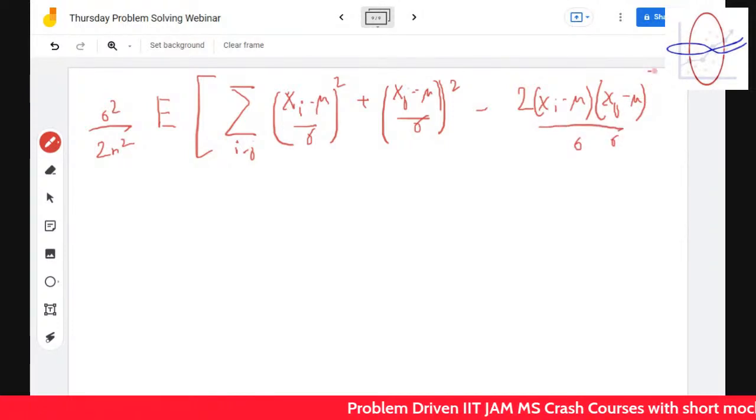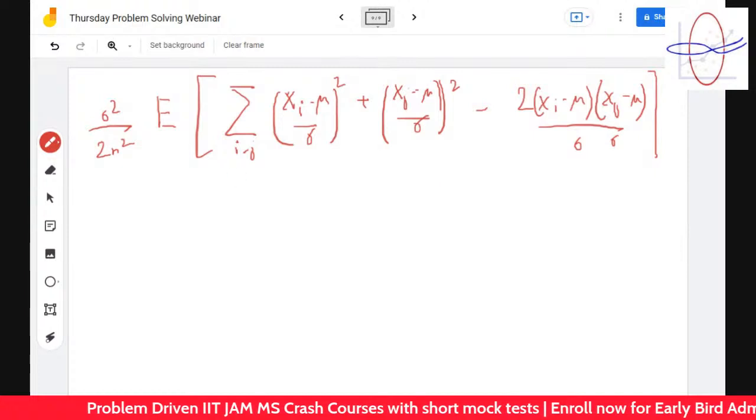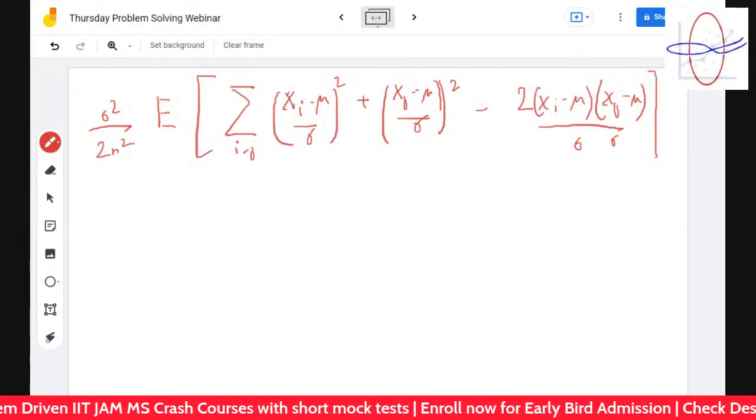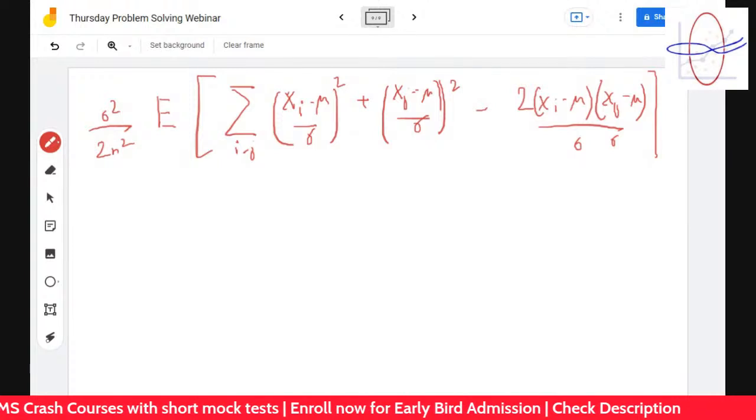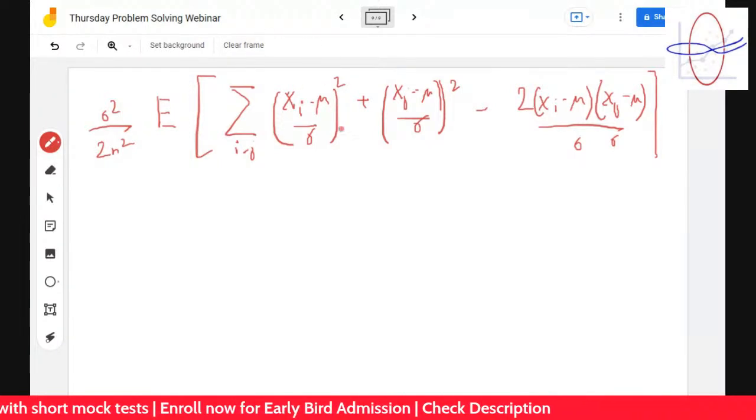I've written this intentionally. So can you tell me what this will turn out to be, guys? Yes, we can standardize it to normal, right? You're right.